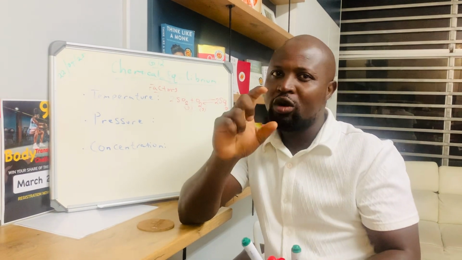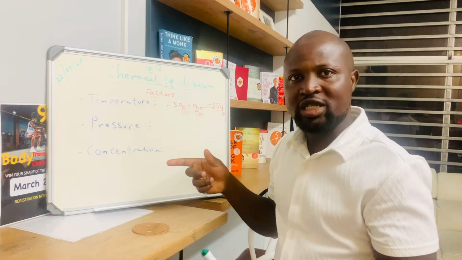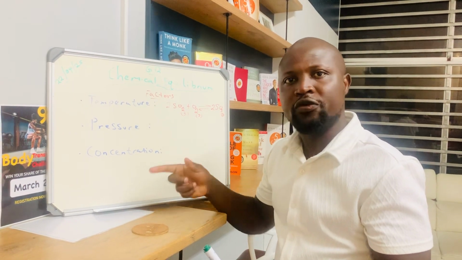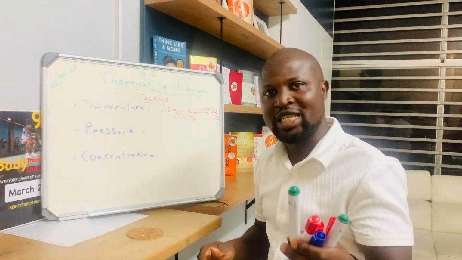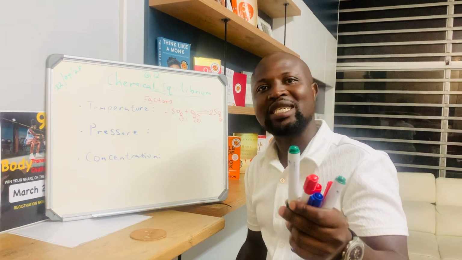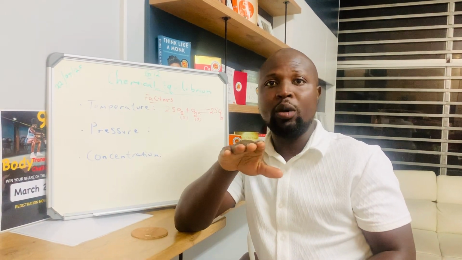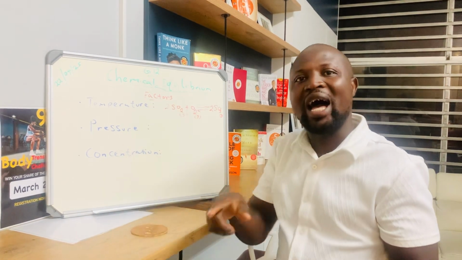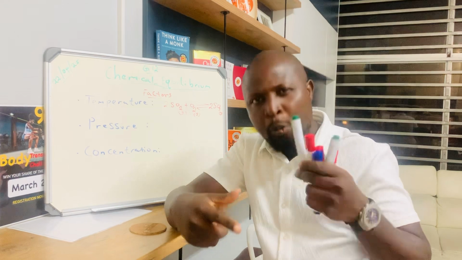But in chemical equilibrium, we have a principle that we use to address the effects of these three factors on chemical equilibrium. The principle is Le Chatelier's principle. We state that when a reaction is at equilibrium, if any of these factors disturb the equilibrium, Le Chatelier's principle will act in opposition to the disturbance.